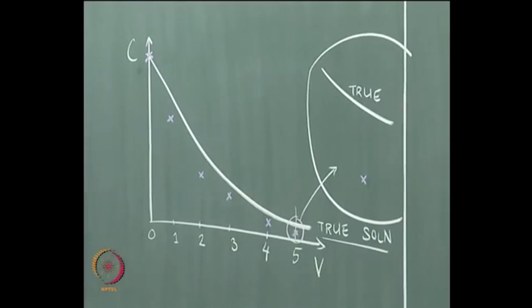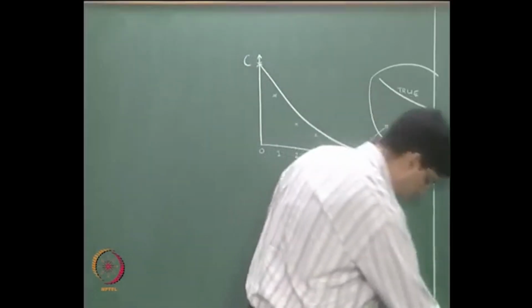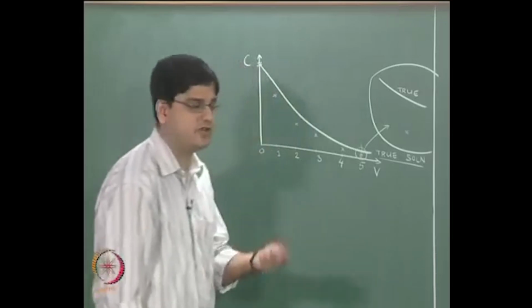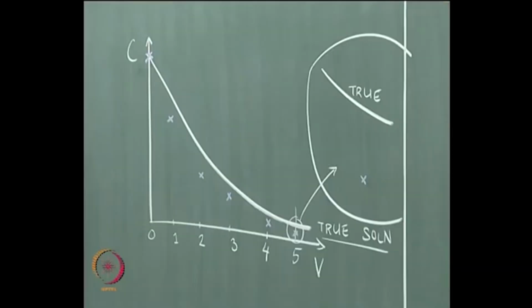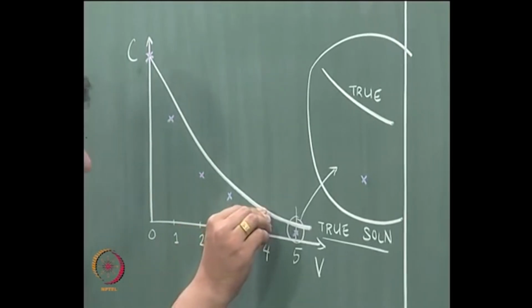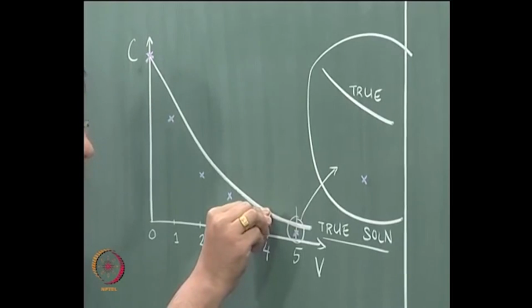Okay, so what we do next is, let's say somehow this particular solution is available to us. If this solution is available to us, we restart our RK4 method at V equal to 4. We restart our RK4 method at the true value.